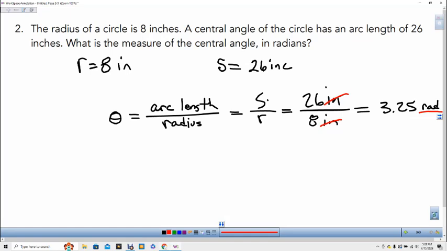So understand, radians are not technically a unit. It's just a way to identify what ratio you're giving. You're giving the ratio of the arc length divided by the radius. I know that's confusing, but just trust me. Radians can kind of be there, it can kind of not.